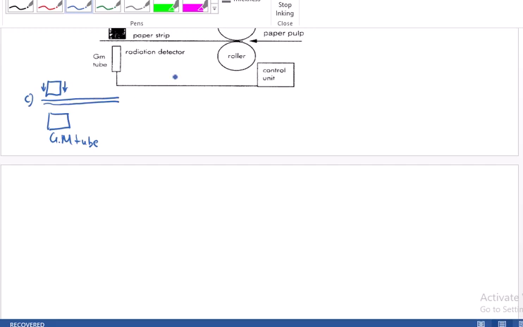Remember ideally the reading is 20. This is the correct one.